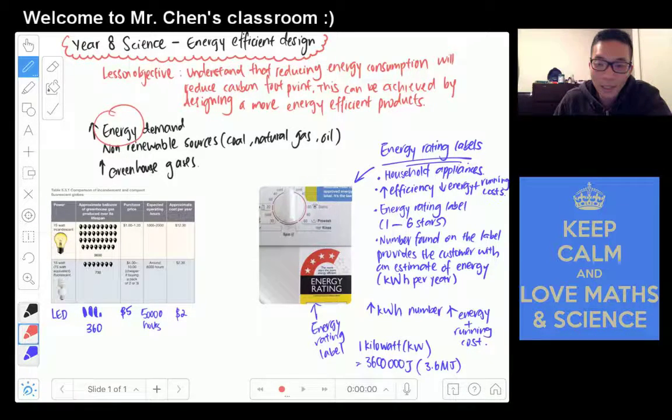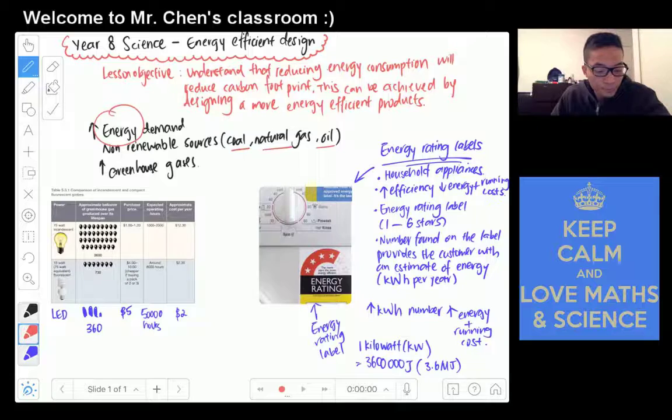We still, unfortunately, use a lot of non-renewable sources, which include coal, natural gas, and oil. They are reducing, however, but we are still using them.